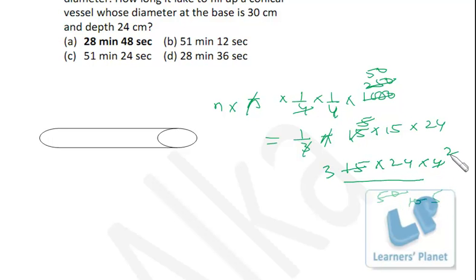24 into 2, 48, or into 3, or 24 into 3, 72 into 1 or 2, 144 by 5.